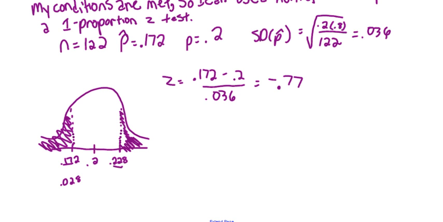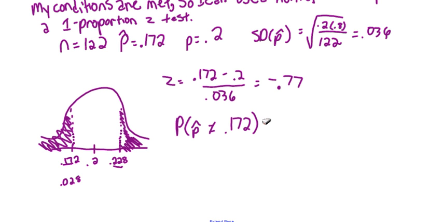So now I am doing it for real, and I would pick the 0.172 because that's what I got as my p-hat. I'm going to find the probability that p-hat does not equal 0.172.